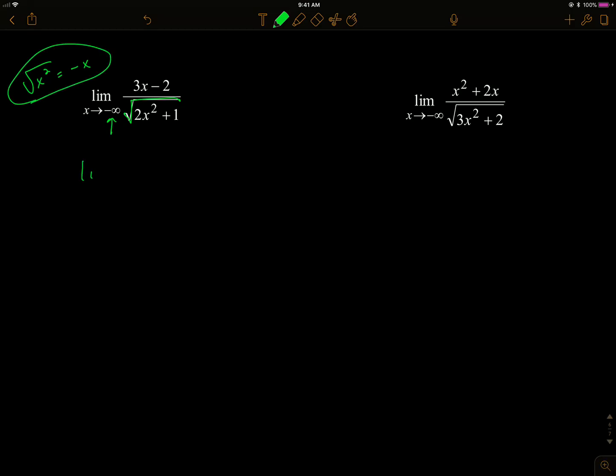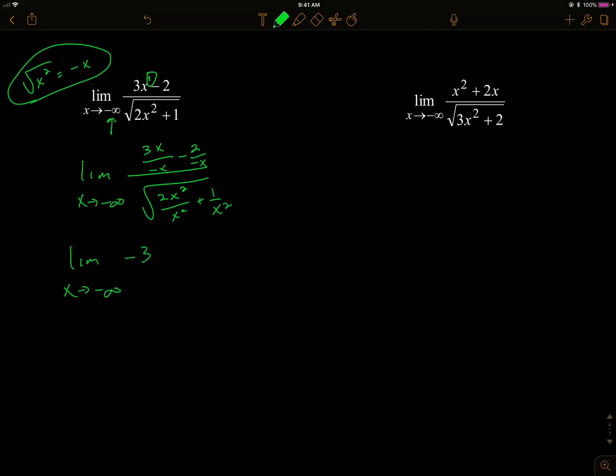So if I divide everything by the biggest power of x in the denominator, remember up top it's negative x. By the way, these powers technically match. That's why there's horizontal asymptotes, because this degree is 1 and the square root of a square is technically still a 1 as well. Okay, so we then simplify.